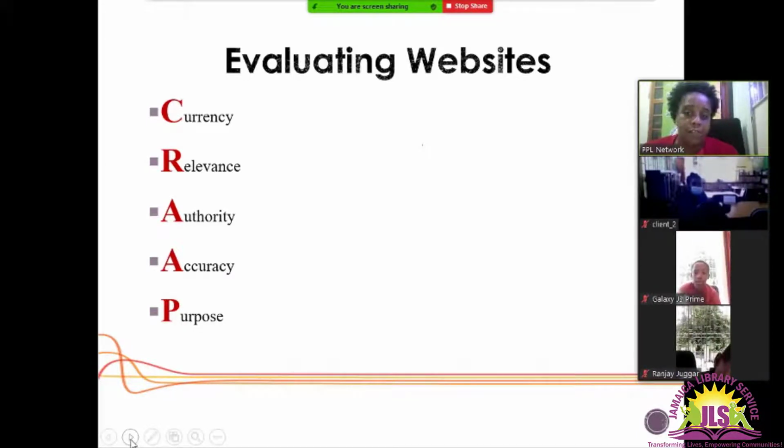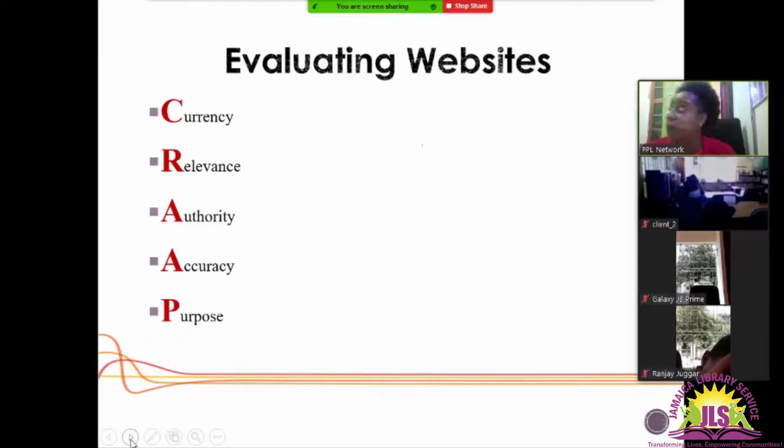For currency, how current is the article or the website that you're looking at? So if the website has a copyright date of 1974 and it is giving you information about something that happened yesterday, how current is that website? More than likely it is going to be something from the 1970s that is on that website.